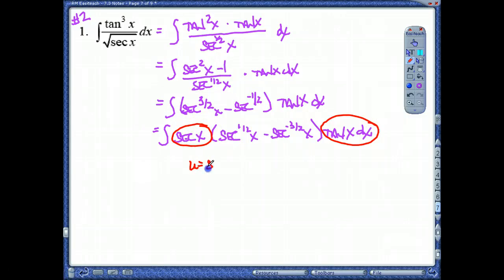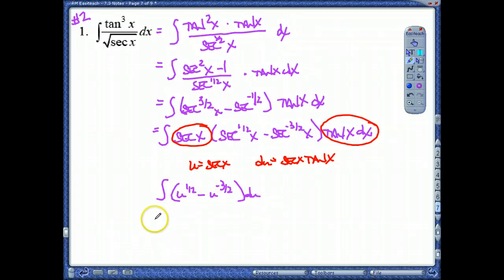So u, of course, is going to be secant. Du, the derivative of secant, is secant tangent. So now I get to rewrite this mess again as u to the 1/2 minus u to the negative 3/2 du.